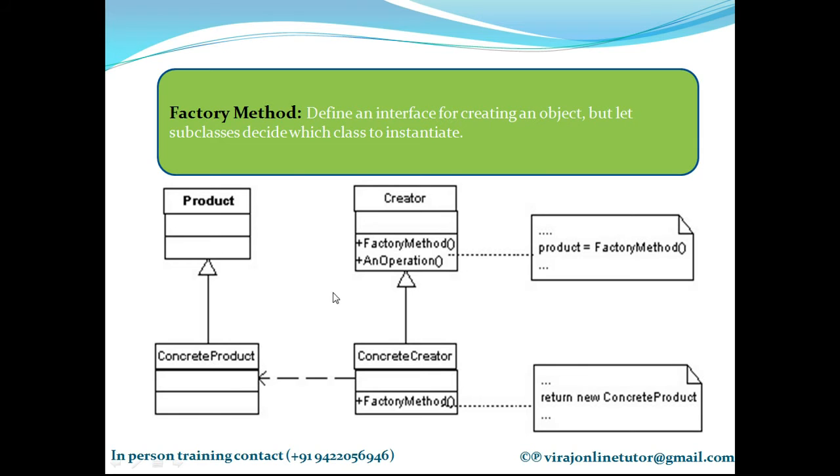Then in factory method I create the creation hierarchy in parallel with the product hierarchy. So I have a product and I have a concrete product inheriting from product. This thing is clear, right? Now in parallel to this, I create my creation hierarchy, an exact duplicate of it. See how? I have a creator which is in sync with product. So I have a creator class and I have a concrete creator class inheriting from creator.